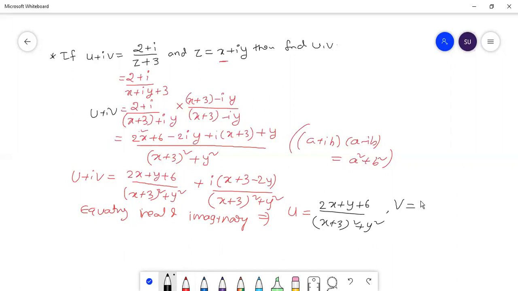So v is (x minus 2y plus 3) by (x plus 2) whole square plus y square. These are the values of u and v. Sorry, this is not x plus 2 in the v, this is x plus 3. (x plus 3) whole square plus y square.